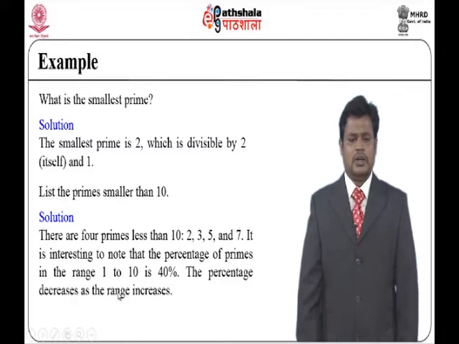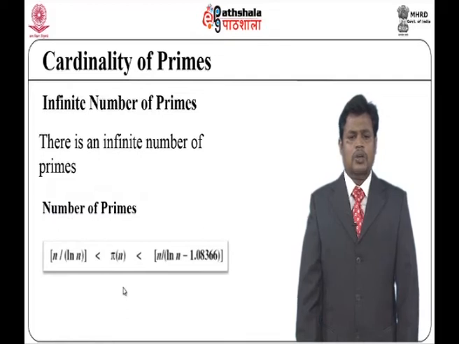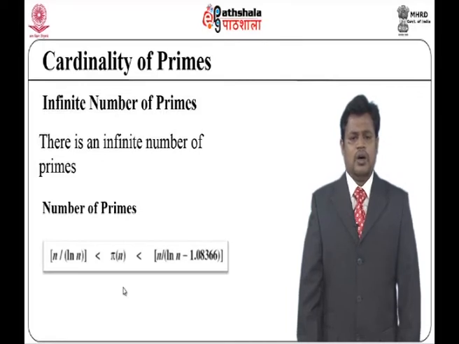Suppose I want to know the cardinality of primes, whether it is finite or infinite. If a particular n is given, we can identify the number of primes with the help of phi of n.